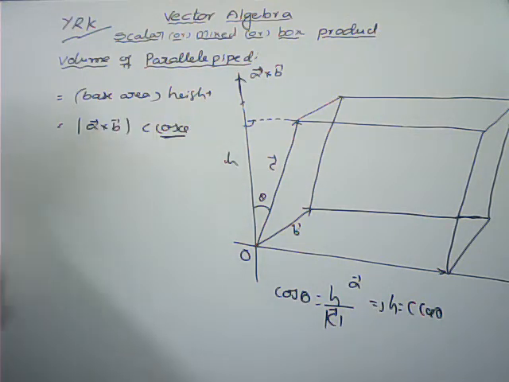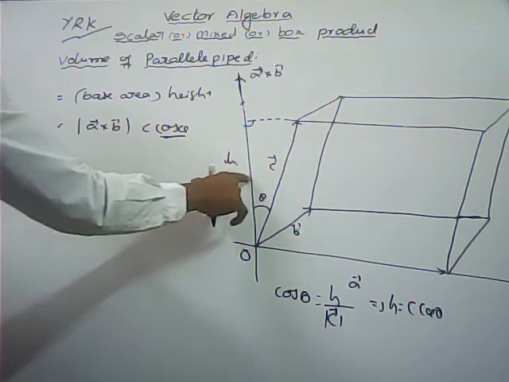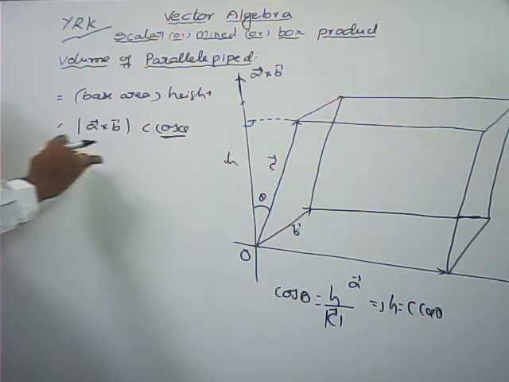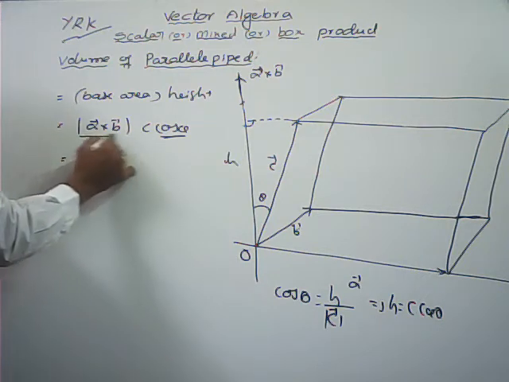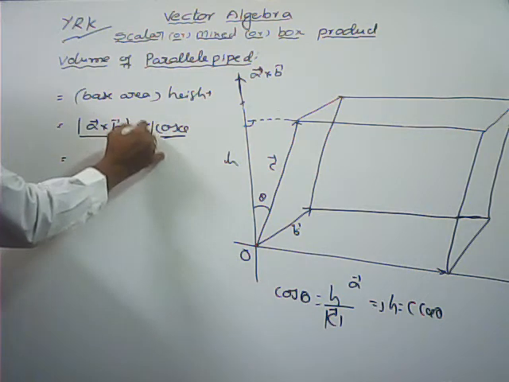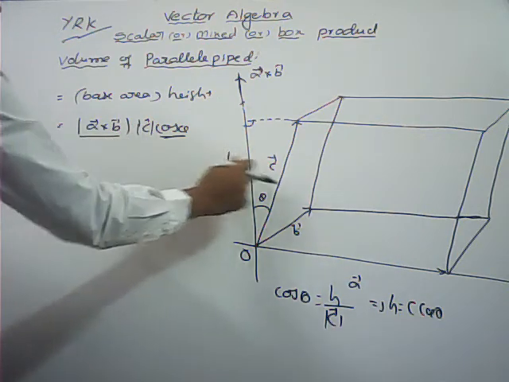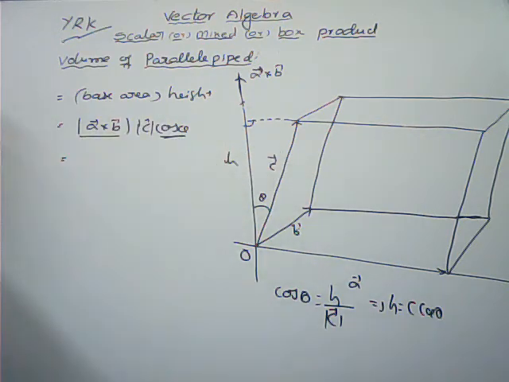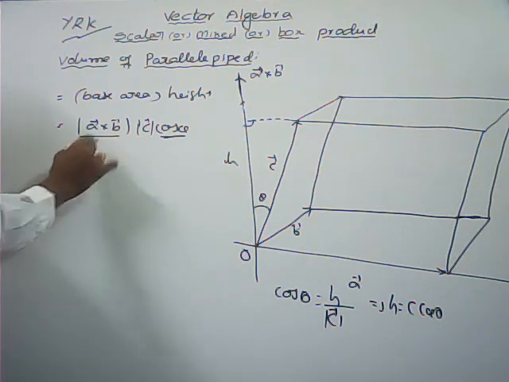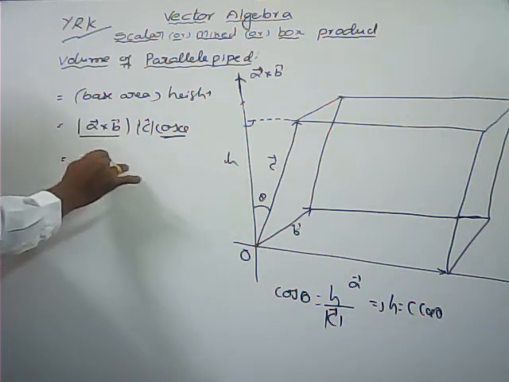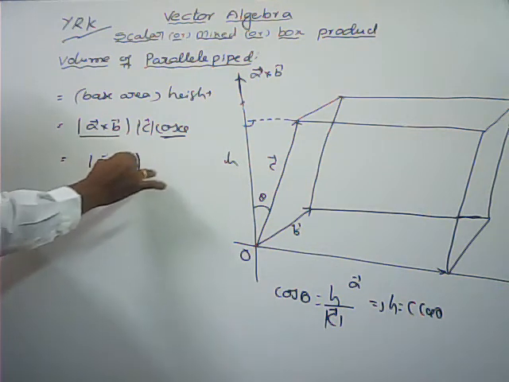And what about theta? Theta is the angle between these two vectors. Now here we can write modulus of A bar cross B bar, modulus of C bar, into cos of the angle between these two, A bar cross B bar and C bar. That is the angle theta. So that is nothing but A bar dot B bar. In the place of A bar here, modulus of A bar cross B bar dot C bar.